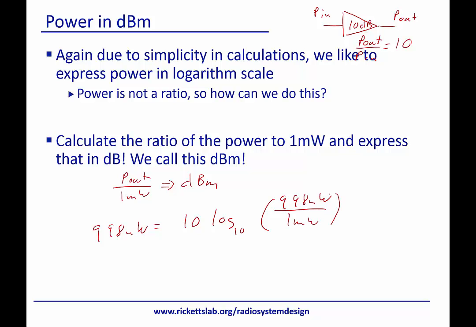The units cancel, and I take 10 log 10 of 998, which is approximately 10 log 10 of 10 to the 3, and this is equal to 30 dBm. So dBm gives us an absolute power because we have an implied reference of 1 milliwatt, whereas dB gives us a ratio, typically of a gain. In wireless systems we're often talking about power, so it's a ratio of gain.